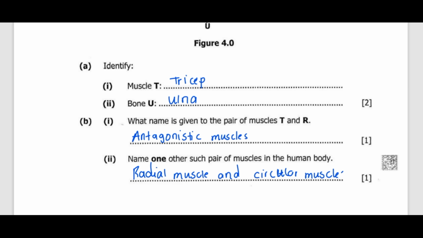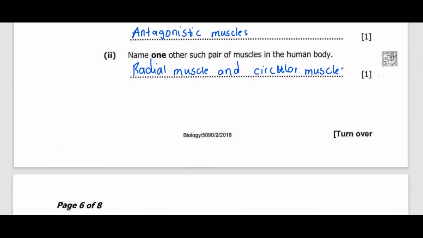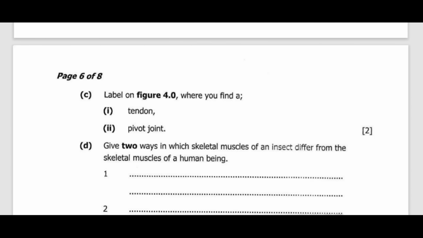So if someone enters a room where there is dim light, there are changes that we are not aware of that happen. So those changes can be brought by the contraction and the relaxation of these two muscles and vice versa. Now let's go to question C.